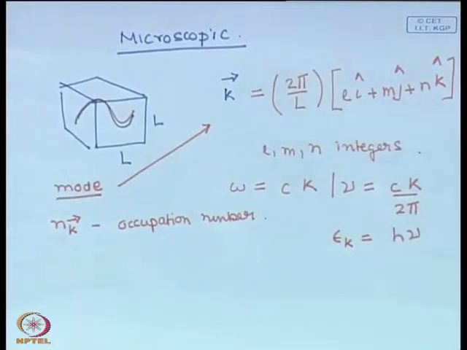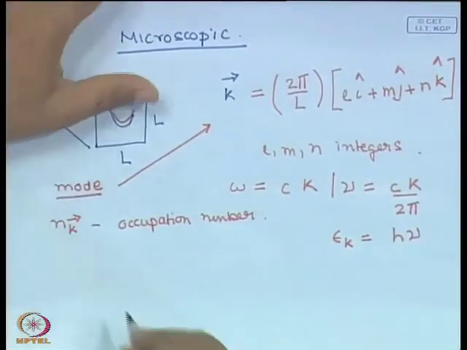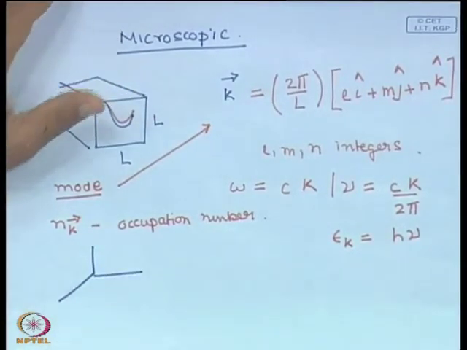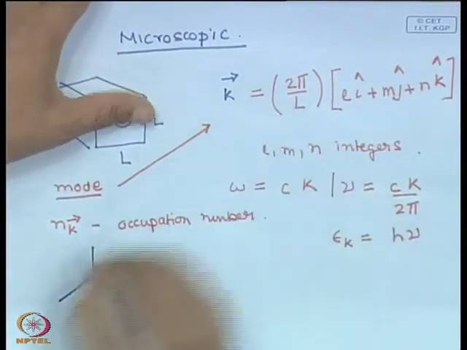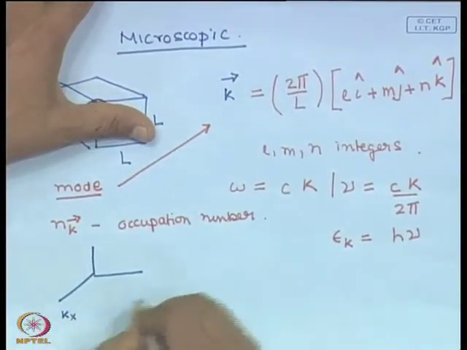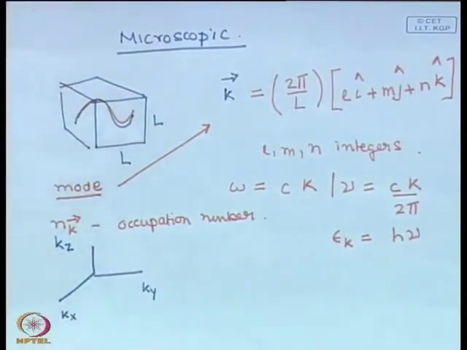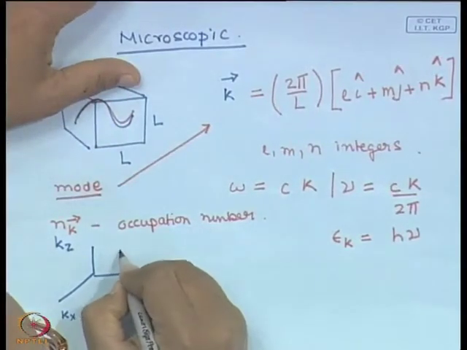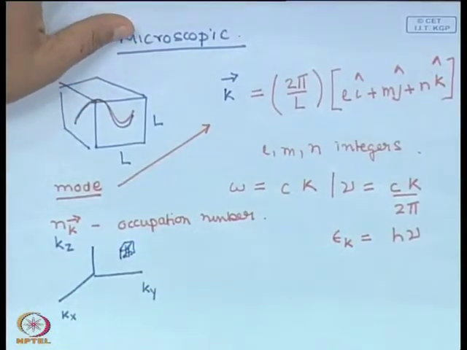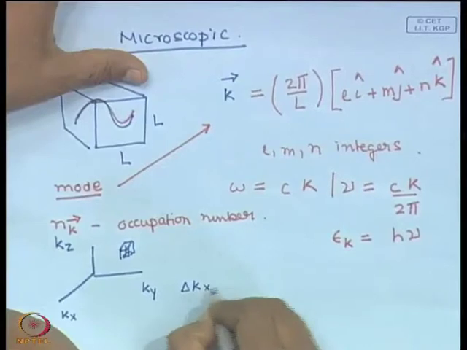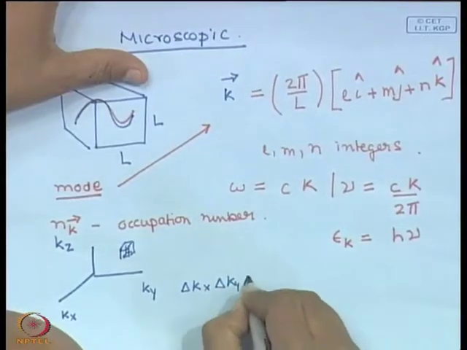Now, let us look at the k vectors, the k space. Okay. So, this is the wave vector space kx, ky, kz. And let us ask the question, how many modes are there in some volume element delta kx, delta ky, delta kz.